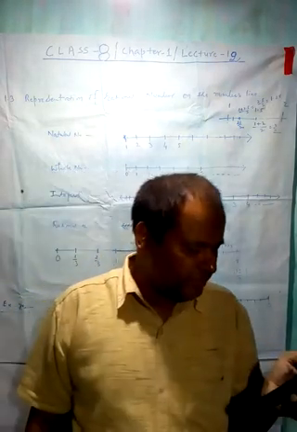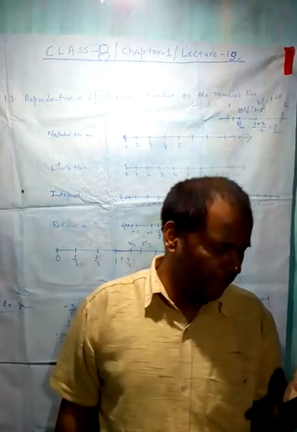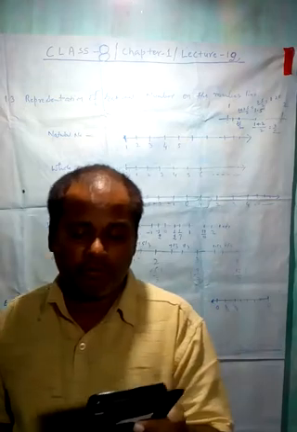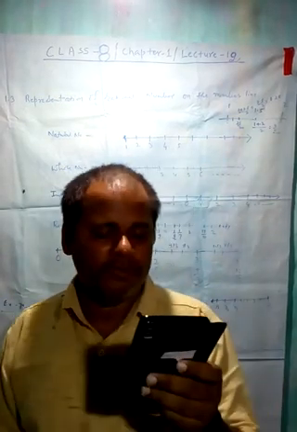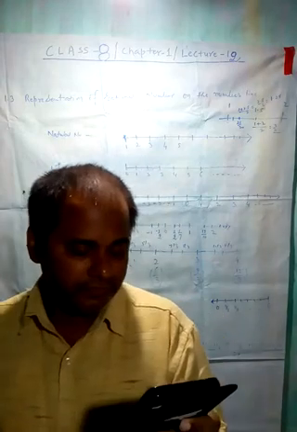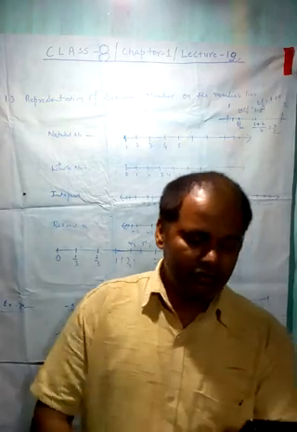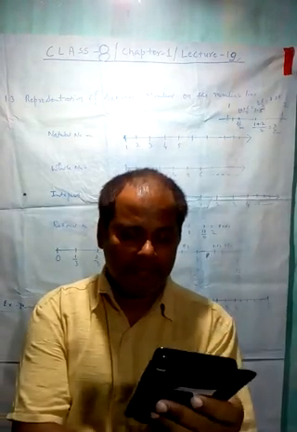For this, we again find the mean of 1 by 4 and 3 by 8. Here you can also find the mean value of 3 by 8 and 1 by 2. In your book, it has been given that between 1 by 4 and 3 by 8, 5 by 16 will be there.